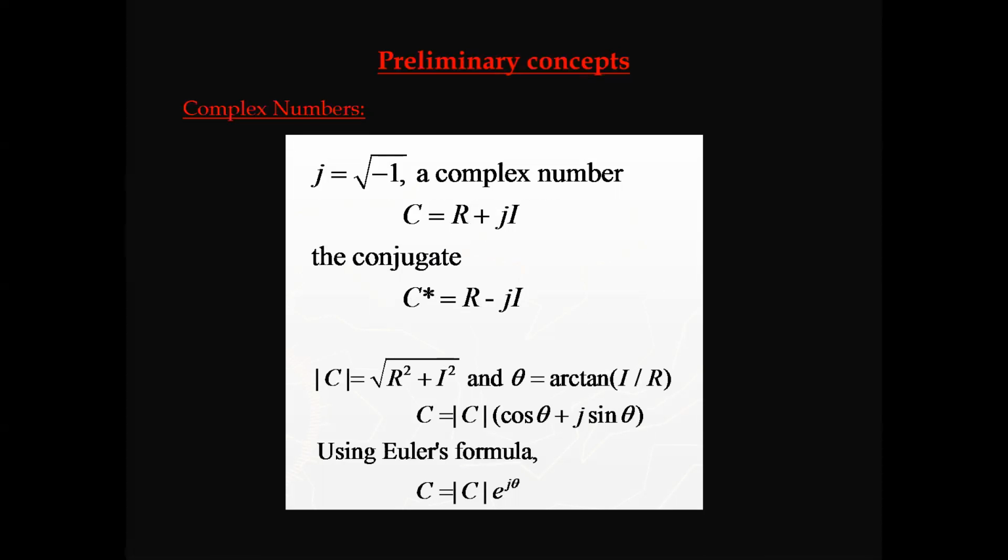Using Euler's formula, you can write C equal to magnitude of C times e power j theta.